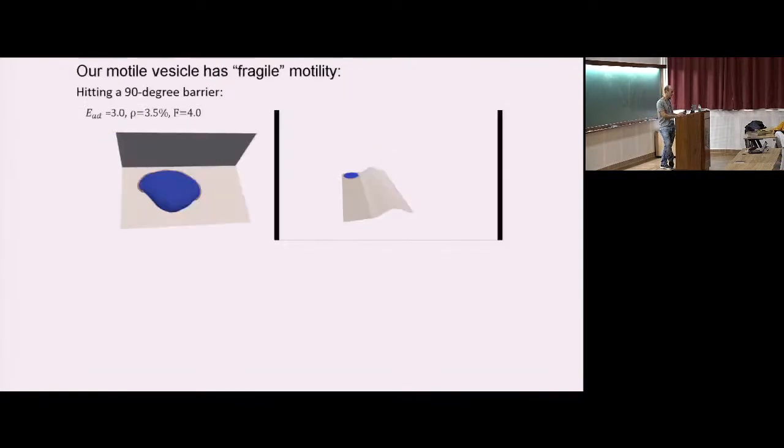Another demonstration of the fragility of this system is what happens when it hits a wall. When it hits a wall, because it hits a rigid barrier which is perfectly flat, it immediately destroys this high curvature of this part which is hitting the corner, and then all these curved proteins need to escape from there because they don't like to be flat.